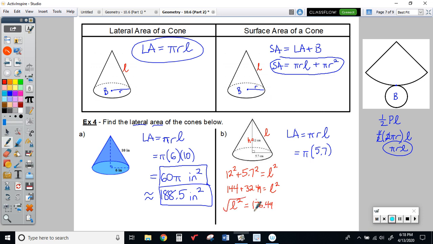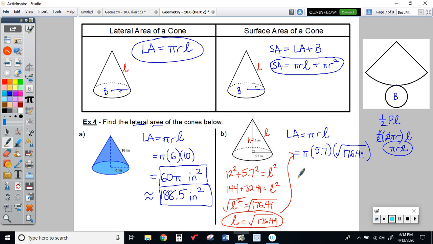And then if we take the square root of both sides, we'll have our value. I'm going to leave it exact for now, and then let the calculator do the work in the final step. So this is exactly the square root of 176.49. Take that value, plug it in up here, and write it just like you see it there.